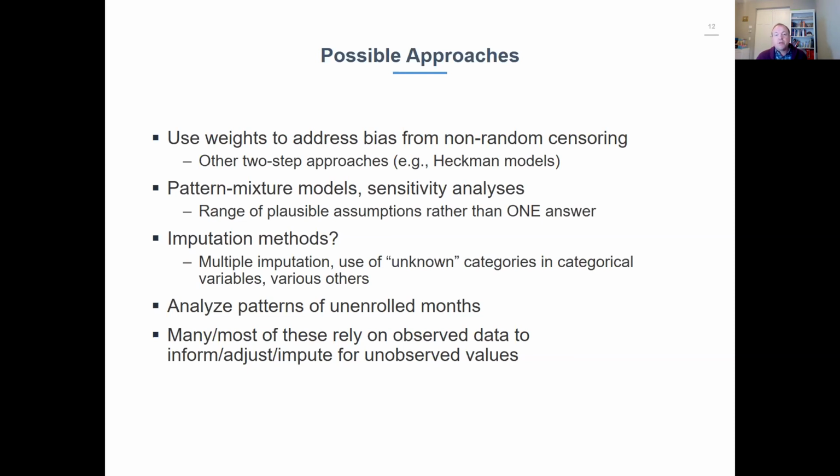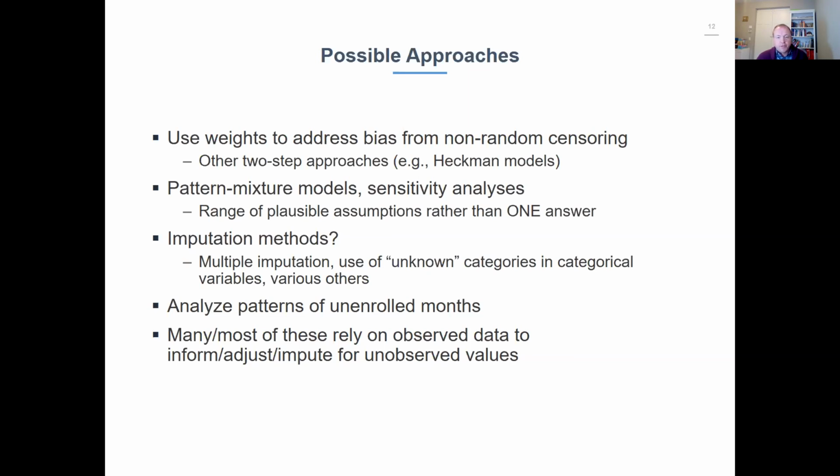It's just that it seems to be by far the most common method. And there are methods, and I've used a number of these, that you can apply weights to address bias from non-random censoring. You can use multiple imputation with pattern mixture model variations so that you're setting some plausible assumptions rather than just letting models operate. We have various forms of other imputation.